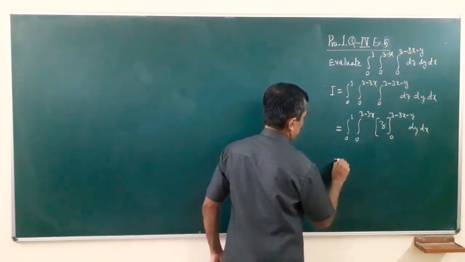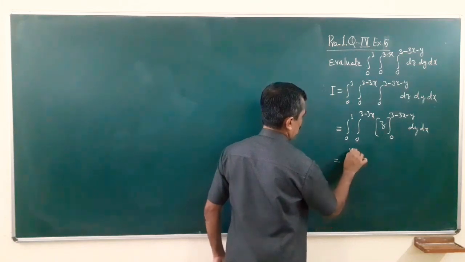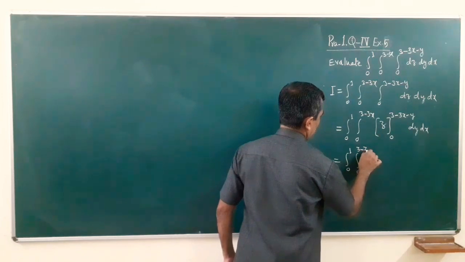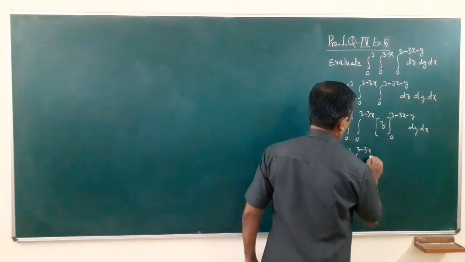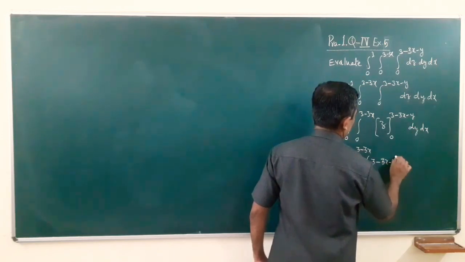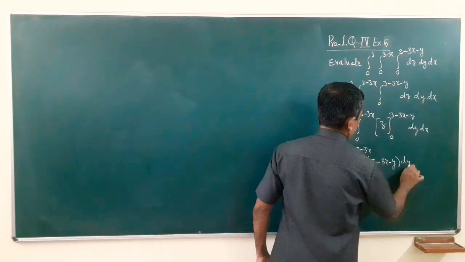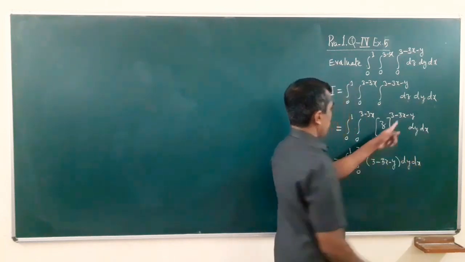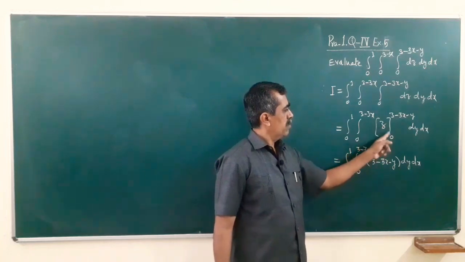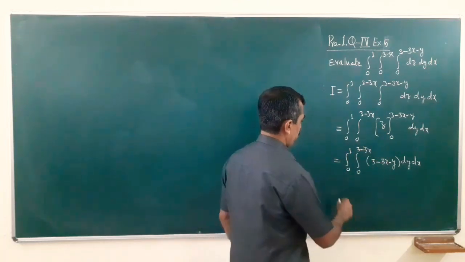So this equals the integral 0 to 1, integral 0 to 3 minus 3x of 3 minus 3x minus y dy dx, upper limit minus lower limit, because z is 0, so no question of having anything.